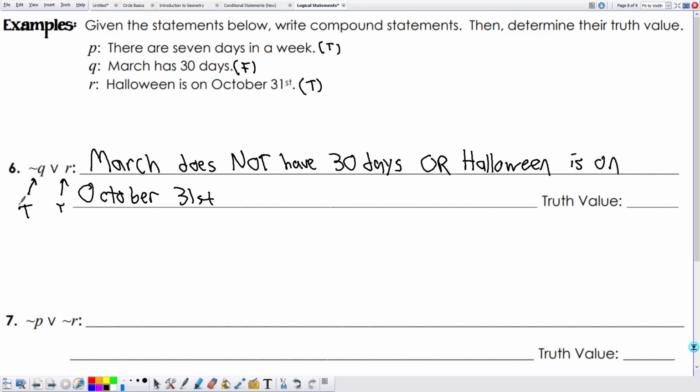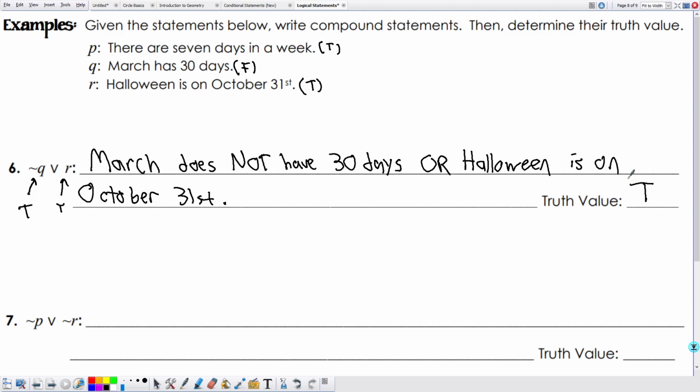So now we can see if the original is false, the negation must be true. Kind of like how if you have a negative number and you negate it, you multiply it by another negative number, it becomes a positive number. So our truth value in this case is going to be true again, since they're both true.